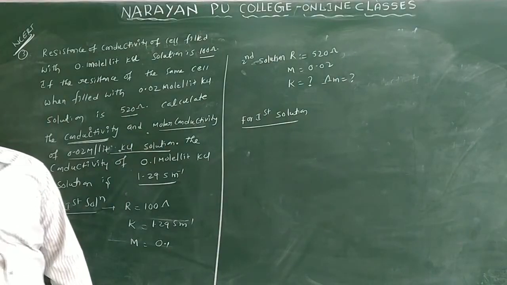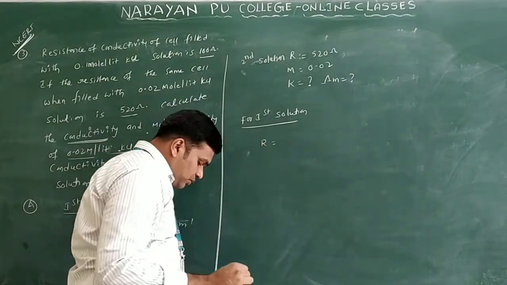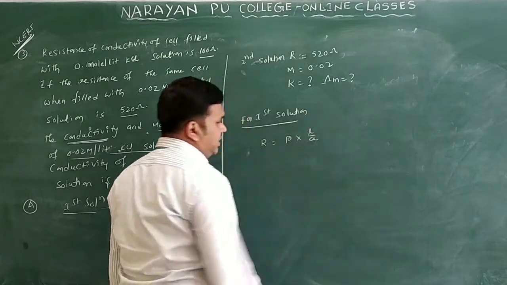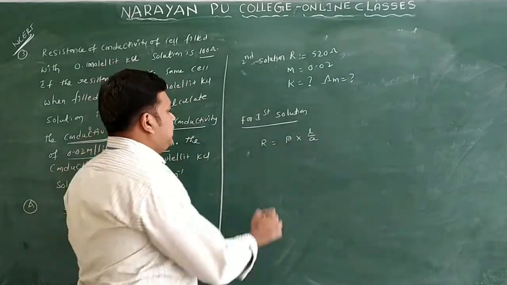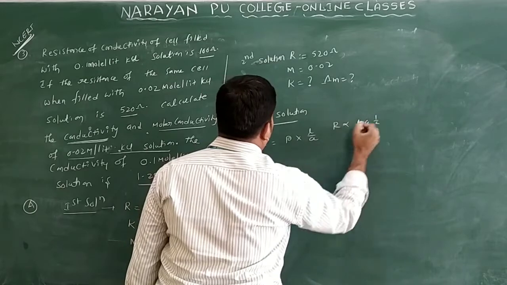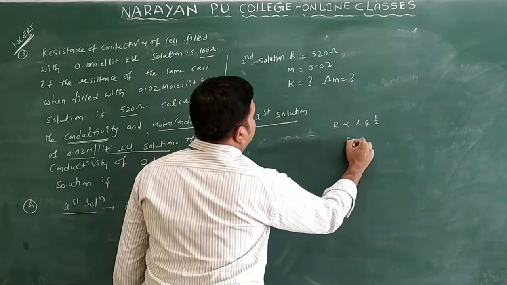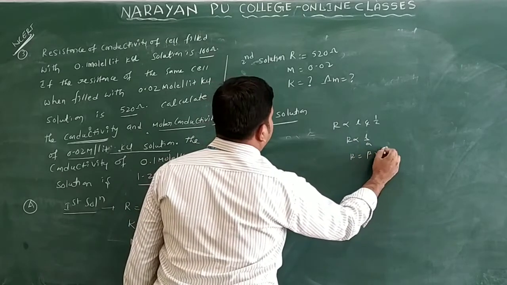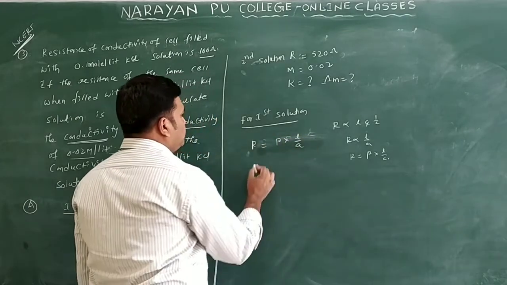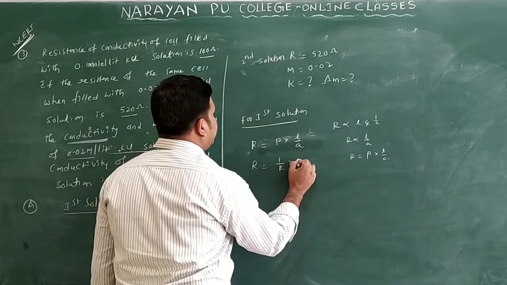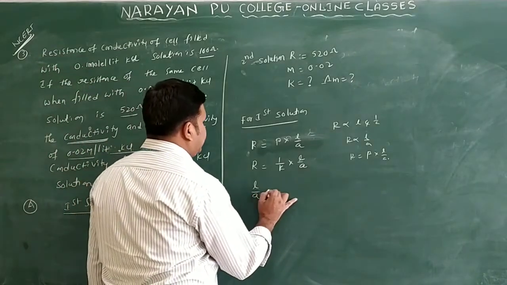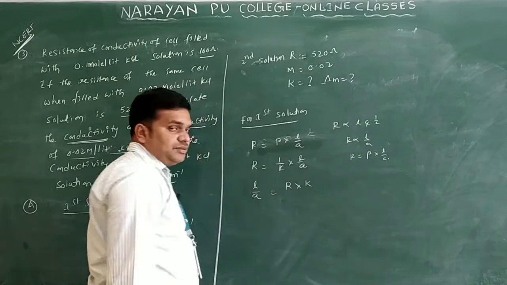You know one formula: resistance R is equal to rho into L by A, since R is directly proportional to L and inversely proportional to A. Since rho is 1 by K, R is equal to 1 by K into L by A. From this, L by A is equal to R into K.